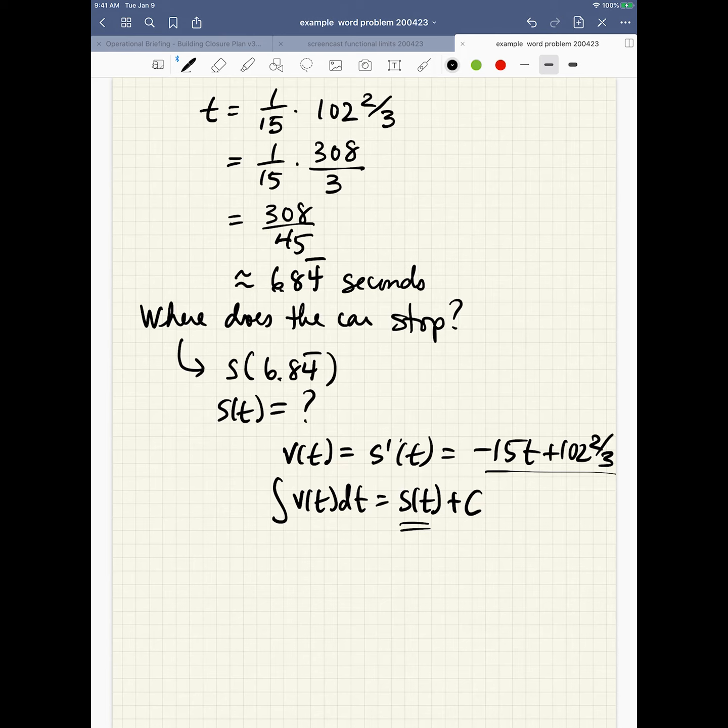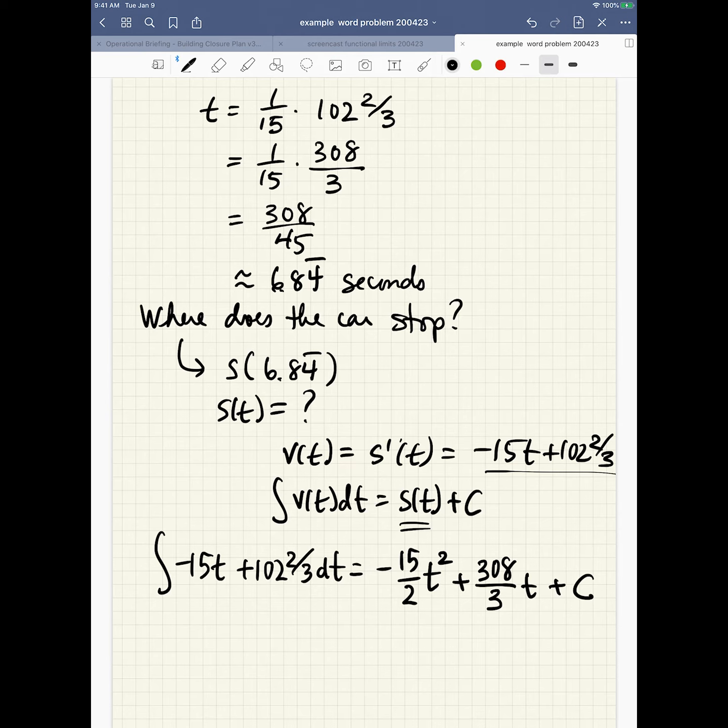So here's v of t. Let's do it. The antiderivative of negative 15t plus 102 2/3 dt is, now I'll let you go and check to see that the power rule for anti-differentiation says the first term is going to look like that. I'm going to rewrite the second term in this way.